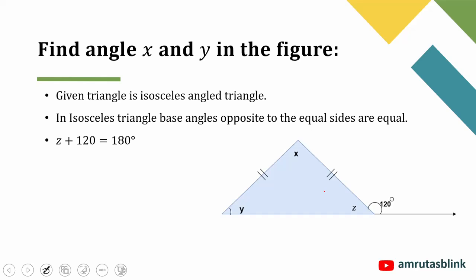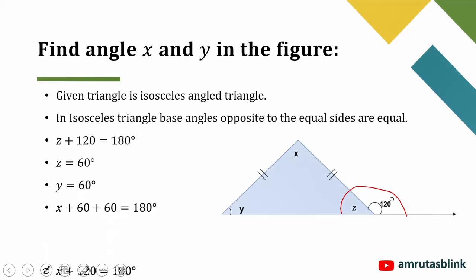So z plus 120 degree is equal to 180 degree because this is a linear angle. Hence z is equal to 60 degree. Now as z is equal to 60 degree, y is also equal to 60 degree. And now by angle sum property, x plus 60 plus 60 is equal to 180. That is x plus 120 is equal to 180 degree and hence x is equal to 60 degree.